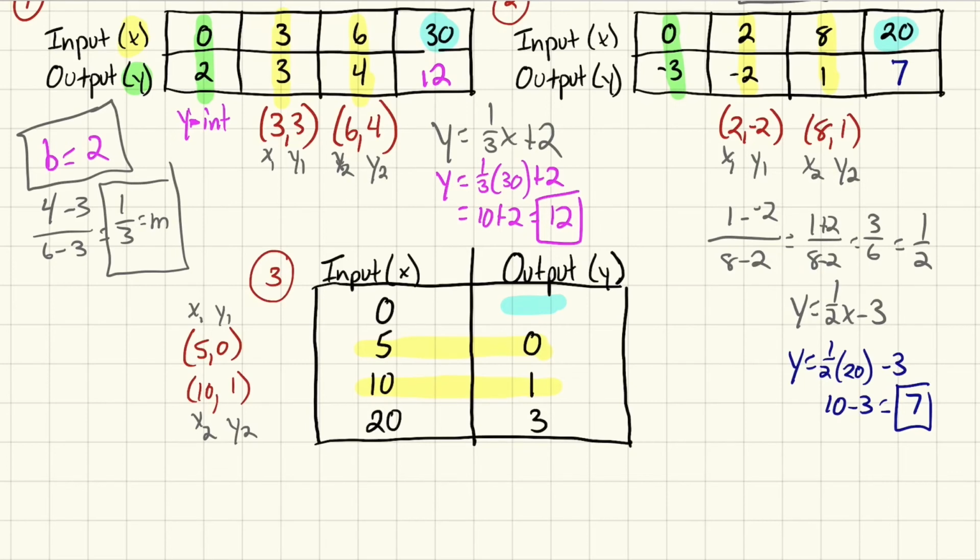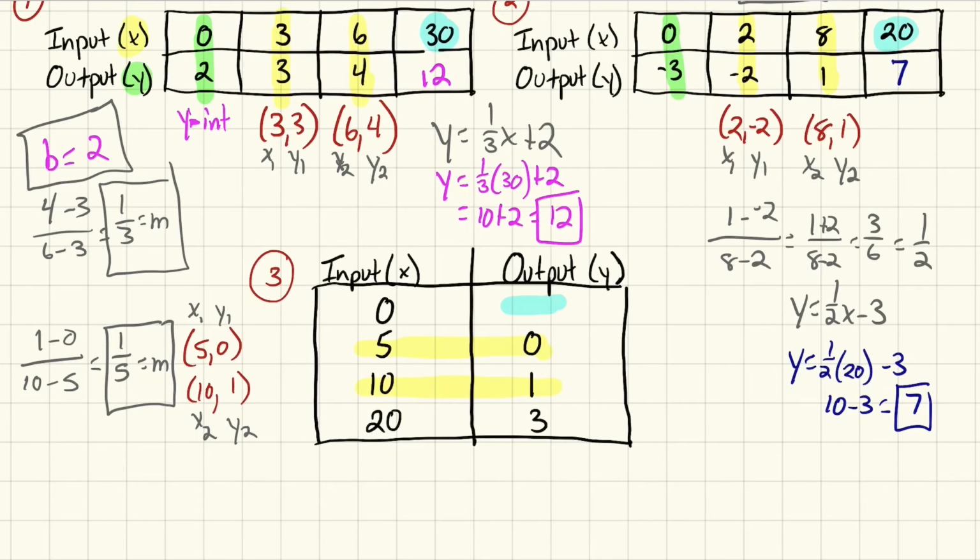It's all the same stuff. So that means my slope is going to be 1 minus 0 over 10 minus 5, which ends up being 1 over 5. So I know that my slope is 1/5. I don't have a y-intercept.